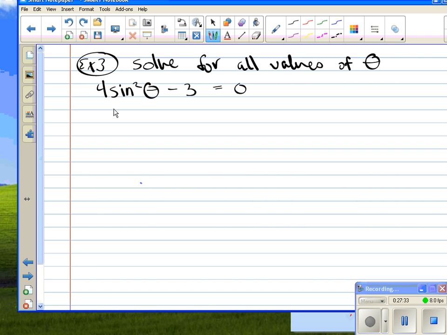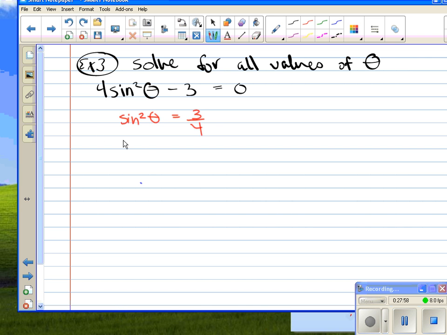What do you guys think is the first step here if you want to solve for theta? All right. Yeah, I'd probably add 3 both sides and then divide by 4, right? So I can skip a step and just go straight to sine squared equals 3 over 4. You guys all right with that? How do I get rid of the squared?